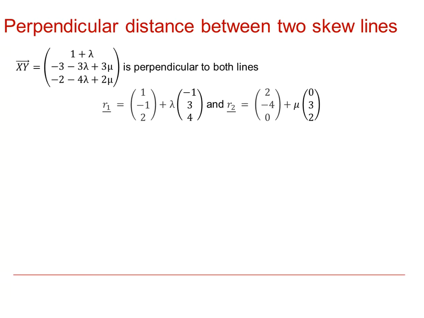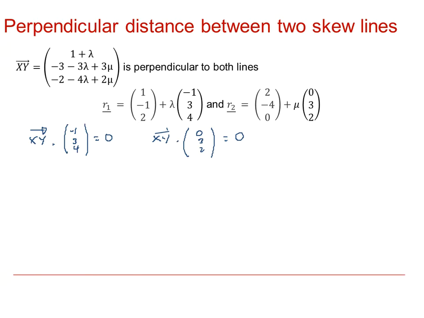Well, the next stage is to write down expressions for the dot products of XY with each of the directions. So the dot product of XY with the first direction vector (negative 1, 3, 4) must be equal to 0, and also the dot product of XY with the second direction vector, which is (0, 3, 2), must also be equal to 0.